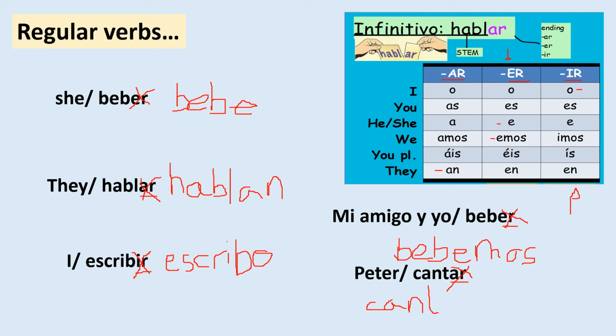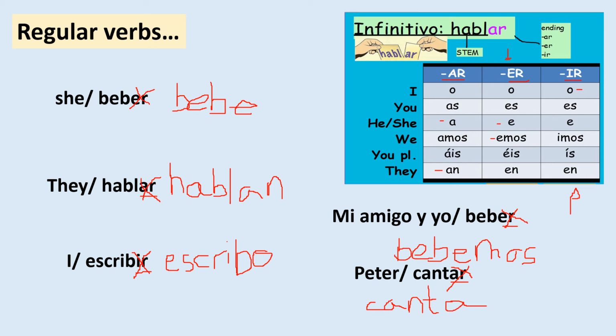Now, Peter, the form for Peter is the same as he. So I'm going to go to the -AR column, because cantar ends in -AR, and I'm going to look for the he form, which is -a. So I'm going to add that ending to my stem. Canta. So Peter canta. He sings.